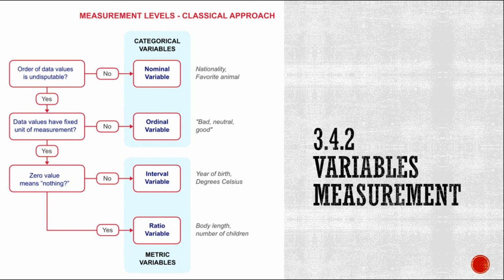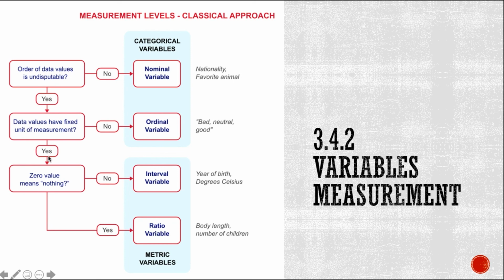Those numbers 1, 2, 3, 4 really have a meaning. But the units are not fixed, because the step from 1 to 2, from strongly agree to agree, is not necessarily the same as from 3 to 4, or from disagree to strongly disagree. So that is ordinal.